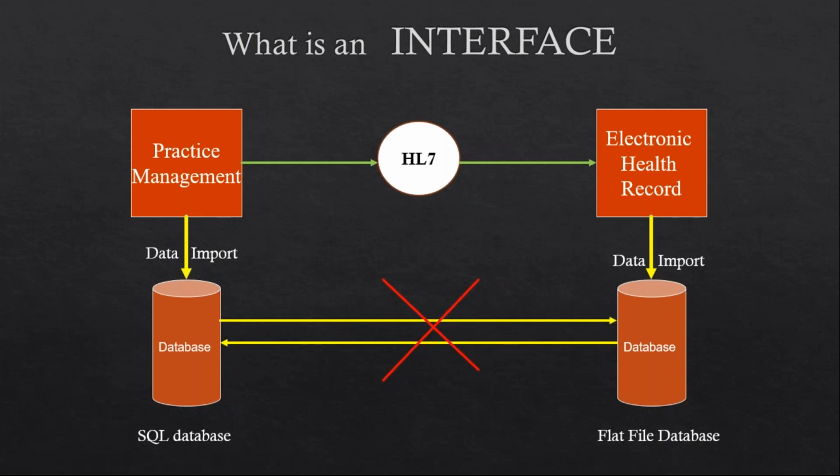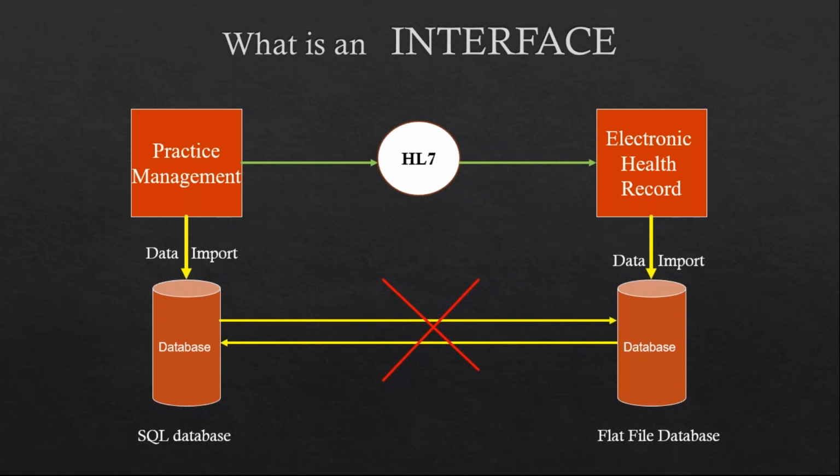So just now we saw that whenever a patient visits the hospital, first his demographic information is captured. As soon as that is captured, that information will flow over to EHR. Okay, and when an appointment is scheduled in the PM system, that appointment will flow over to EHR. This mechanism of flowing of data from one system to another system happens through the interface.